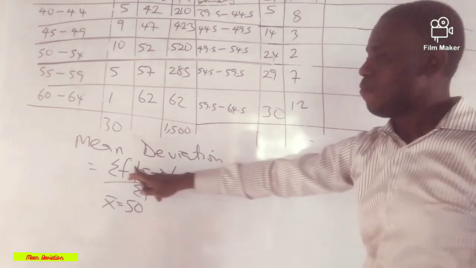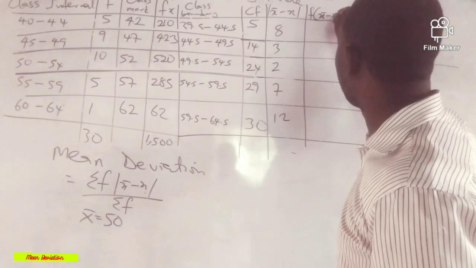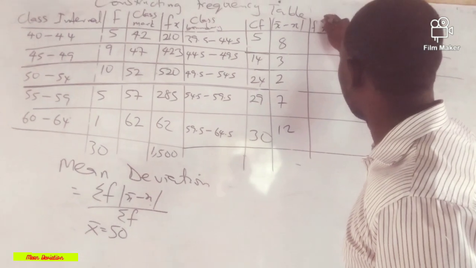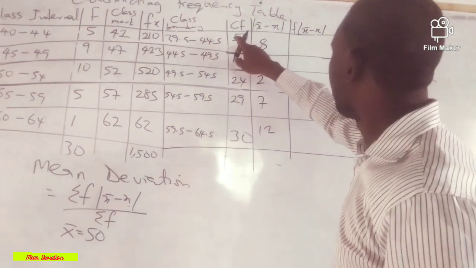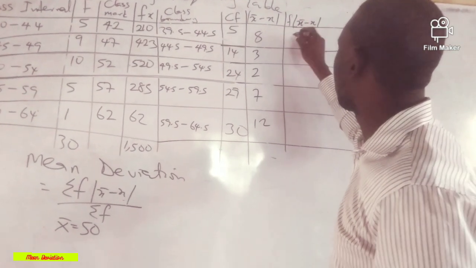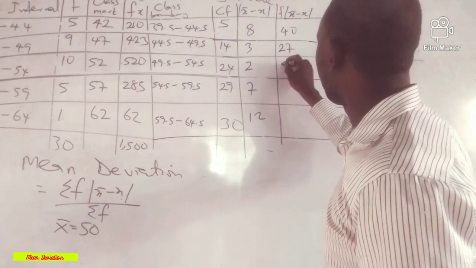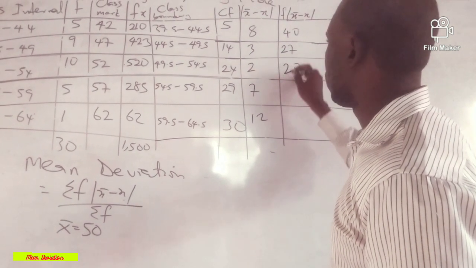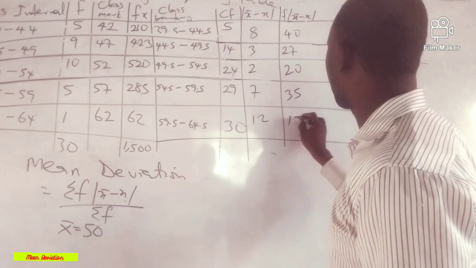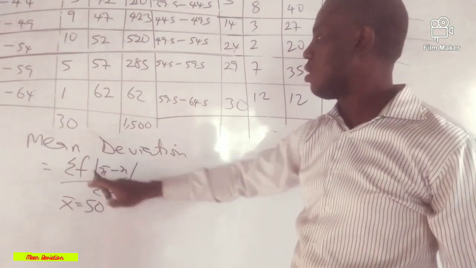So frequency times your deviation: 5 times 8 is 40, 27, 20, 35, and 12.